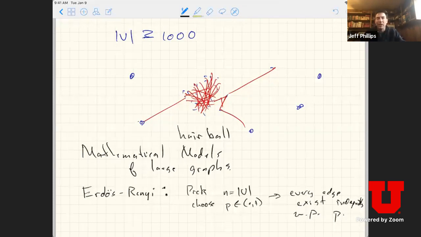If there are roughly n log n edges in the graph, then I get this very tight hairball structure, and right around then it becomes either disconnected or fully connected. The transition is these leftover nodes which aren't connected to anything until once they're connected, then everything is connected, and cycles start appearing at a certain rate, and you can study this mathematically.